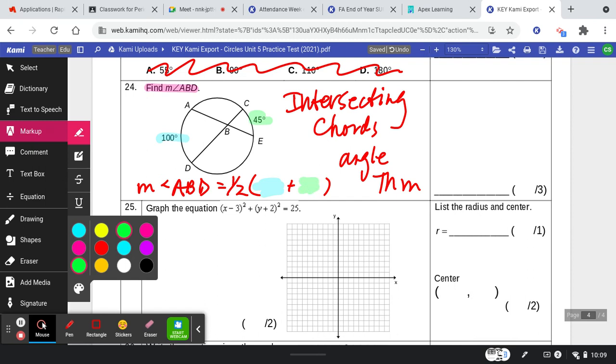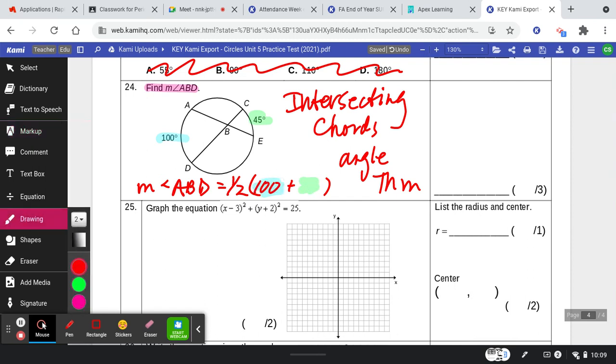And then what's your second arc? 45. Good. So do 100 plus 45 for us, and then divide that in half to get our answer. 72.5. Yep. Was it 3 or 72.5? 72.5. 72? I just couldn't hear you. Sorry. So 72.5 degrees is the measure of that little vertical angle in there.